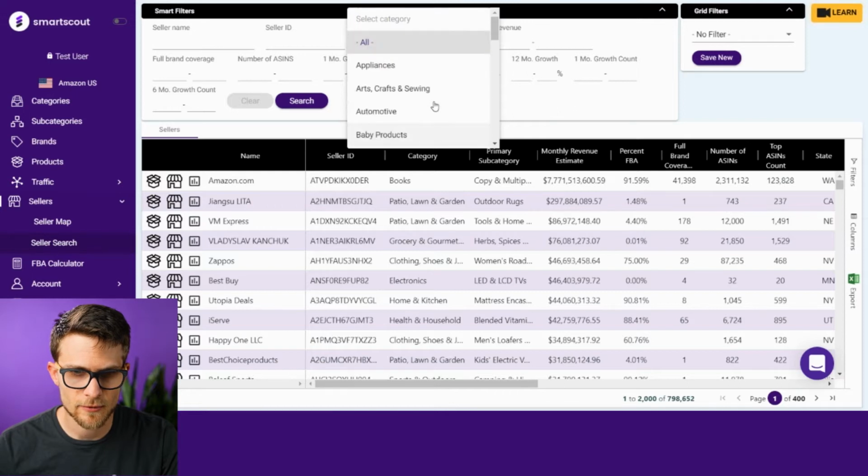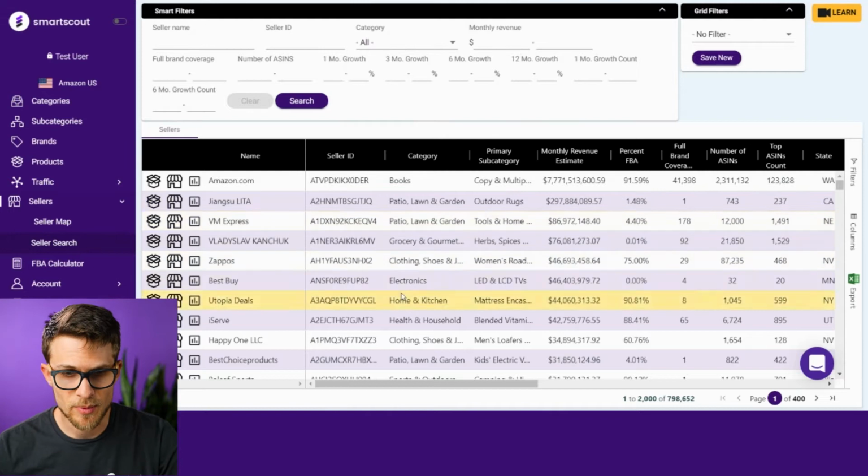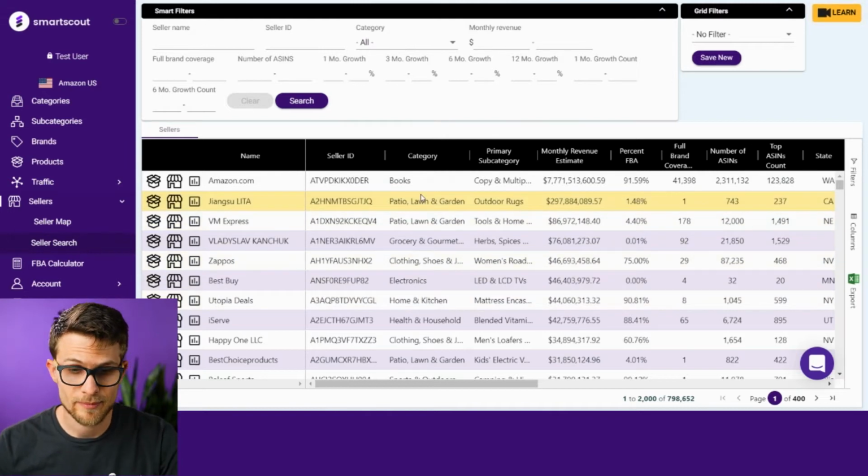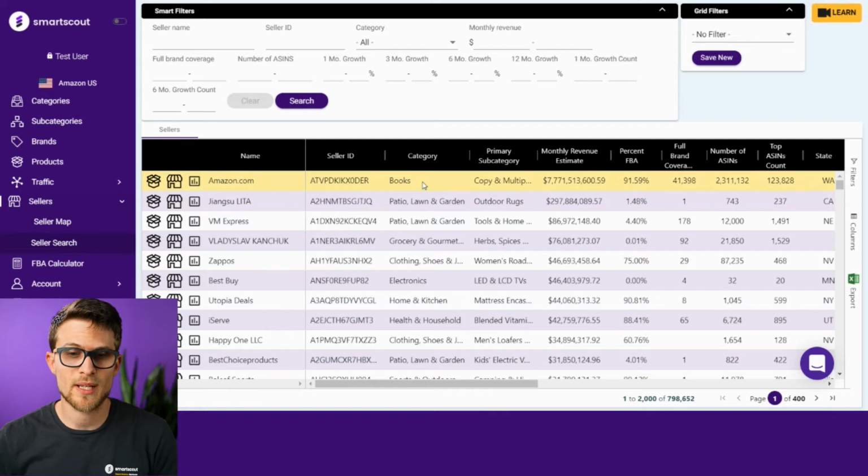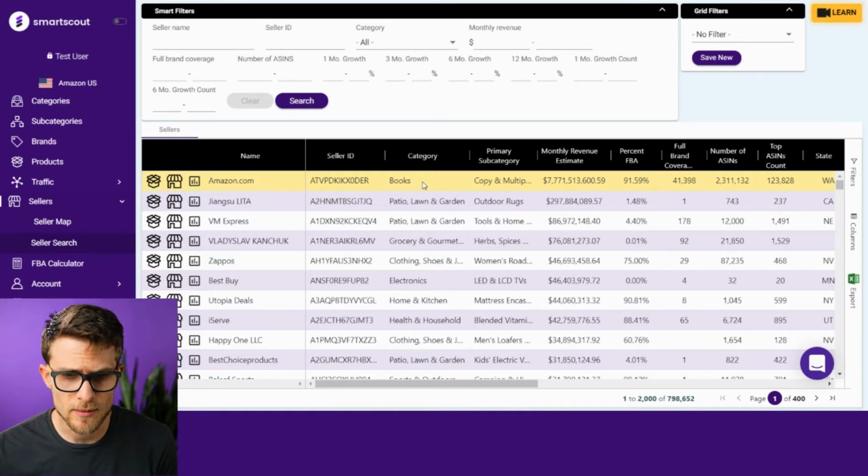Categories, I would be careful filtering with this, just because people can end up in pretty much any category. You pick the one based on where you start selling. So Amazon.com, a small little company, you probably never heard of them. They started with books.